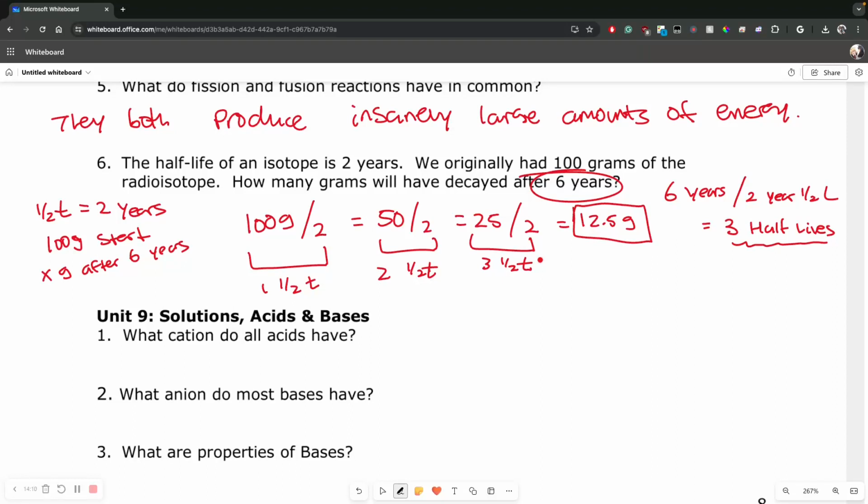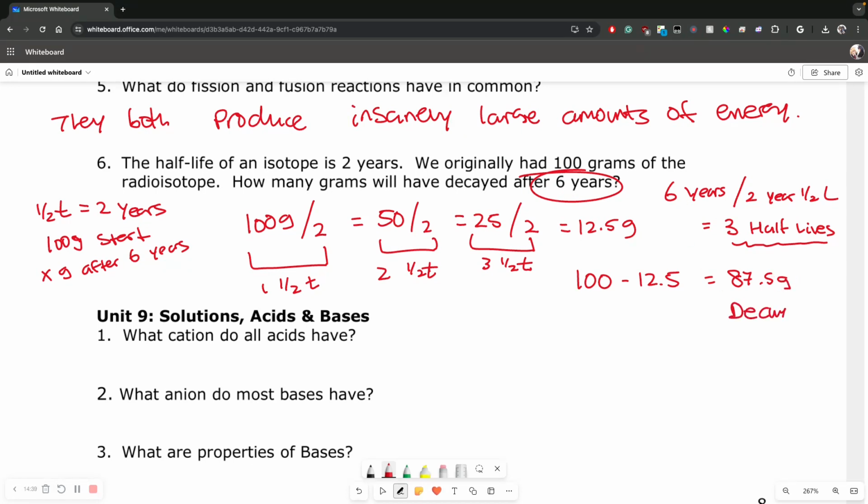It actually asked for how many grams decayed. Okay, that's not hard to calculate. So we have 12.5 grams remaining, and we originally had 100 grams. So all you have to do is subtract 12.5 from 100, which will give you, mental math, 87.5. 87.5 grams decayed.